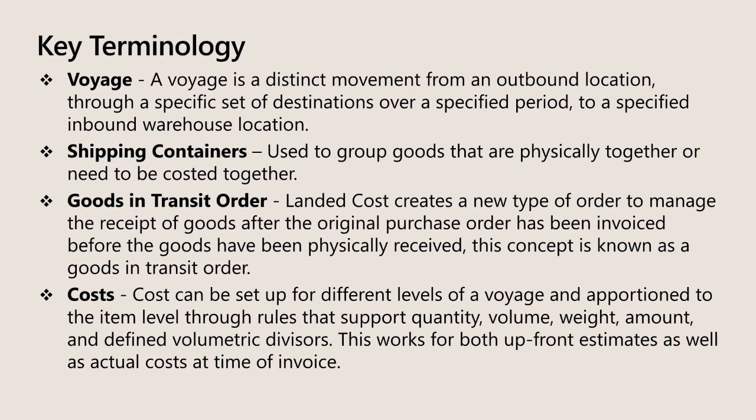But it allows you to specify carrier tracking information, assign all of those various different items on the purchase orders that are going to be getting placed onto this voyage, and then you have the ability to track that, as I mentioned, over time. The next concept is what we call a shipping container. Or shipping containers. They are what they sound like here.